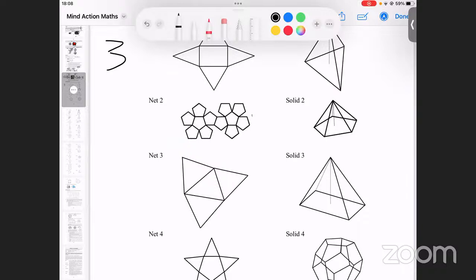And then what's net 2's solid? Ma'am, solid 4. Net 2's solid is solid 4. Okay. And what about net 3?